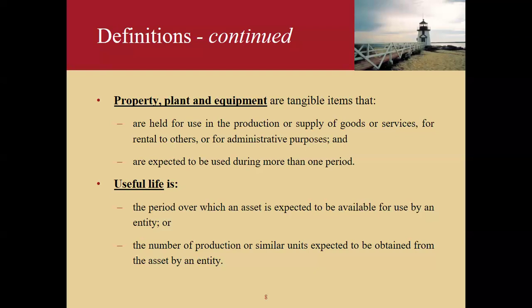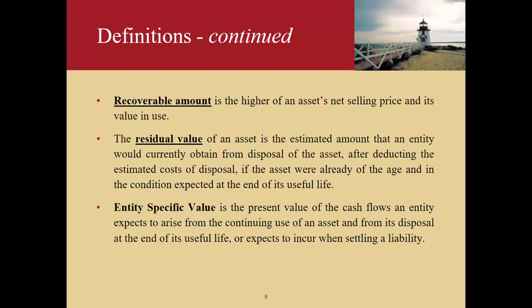What are we projecting to gain from it? It's basically that. So the higher is what we take. If the net selling price is 1.5 and the value in use is 1 million, we take the 1.5. If the net selling price is 1.5 and the value in use is 2 million, we take the value in use as the recoverable amount. So the higher is what we take.